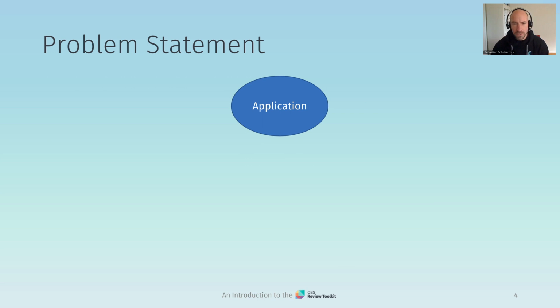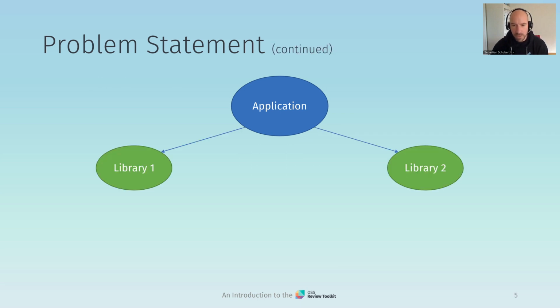I guess you are well aware of the problem statement, but nevertheless, let's quickly recap the problem that we are trying to solve. In the beginning, we have an application, most likely a proprietary application that we're developing. And this application has first level dependencies, direct dependencies.